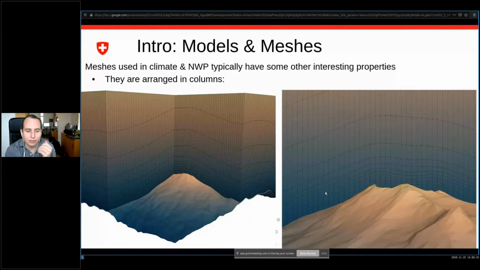Okay, but still, no matter whether you are on a finite volume mesh or a Cartesian mesh for finite differences, one thing your meshes will have in common is that they are neatly arranged in columns. As you can hopefully see on this slide, where we have a numerical weather prediction mesh, you have these squares or panels, and they are neatly arranged in columns, which we have re-illustrated here.